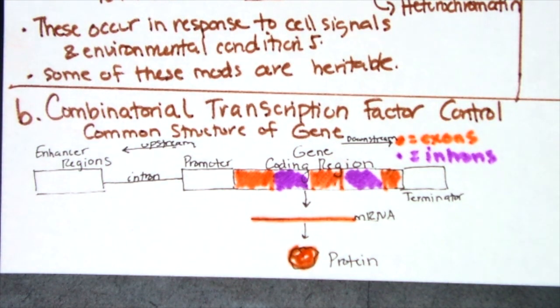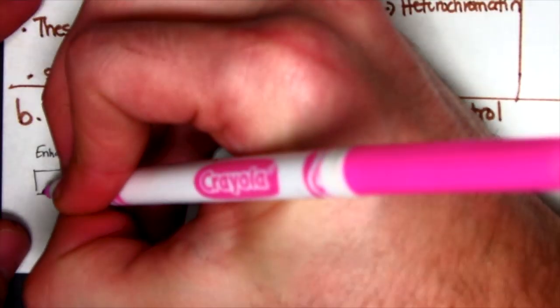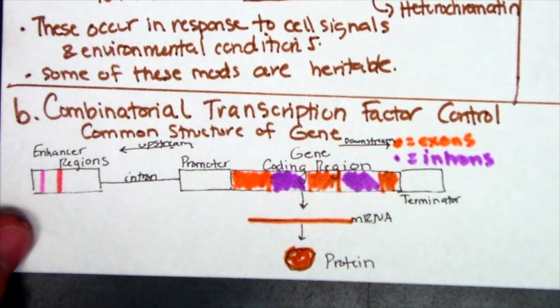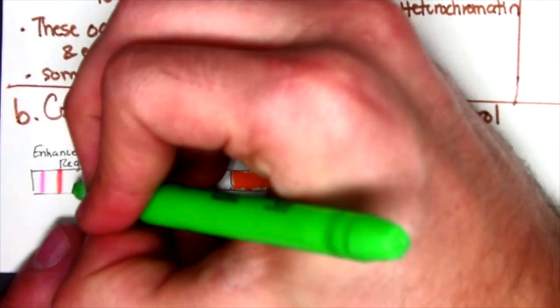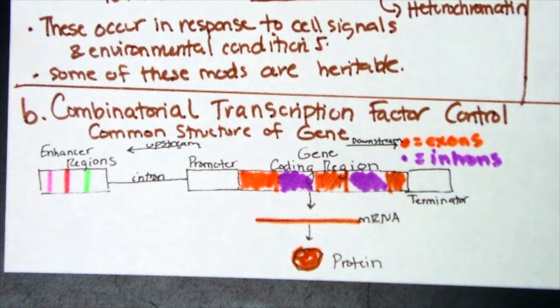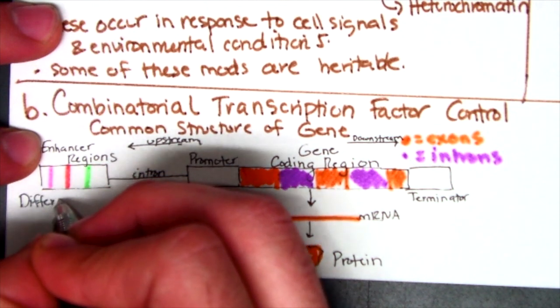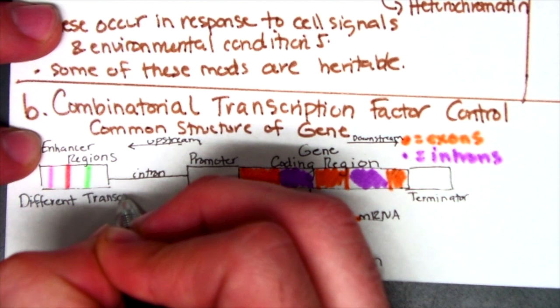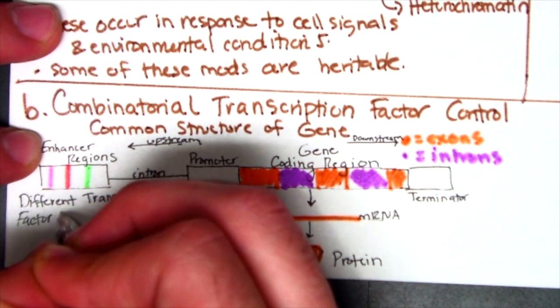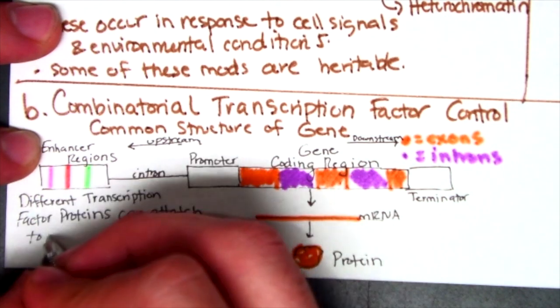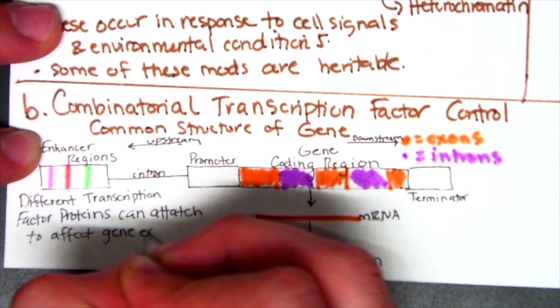The enhancer regions, what's kind of crazy about these is that you have multiple sections, where different transcription factor proteins can attach to affect gene expression.